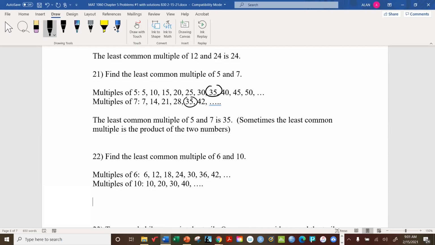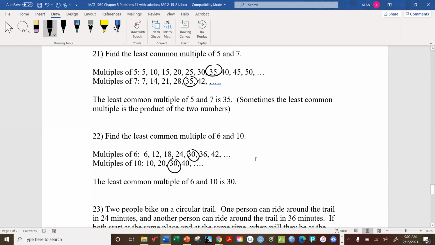How do you know? Because we found our answer, 30. So the least common multiple of 6 and 10 is 30. End of story. This time it wasn't either one of the numbers, and it wasn't their product. It can be anything. So here it was 30.